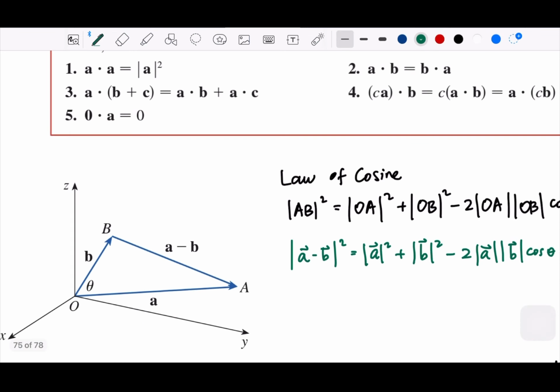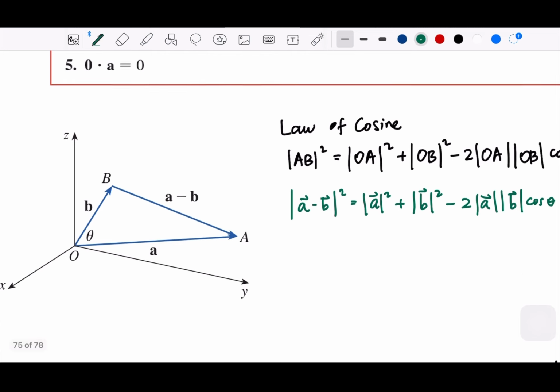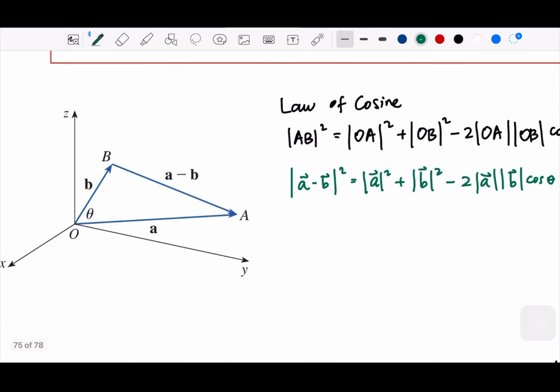So basically we can write that a minus b squared is a minus b dot a minus b.